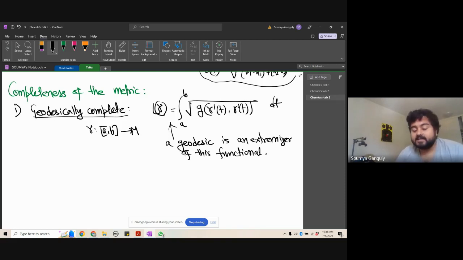Now the question is, do you know examples of a geodesic? Well, yes. Suppose this is a sphere, and suppose these are two points on the equator. You can join these two points by a line that is part of the equatorial line.